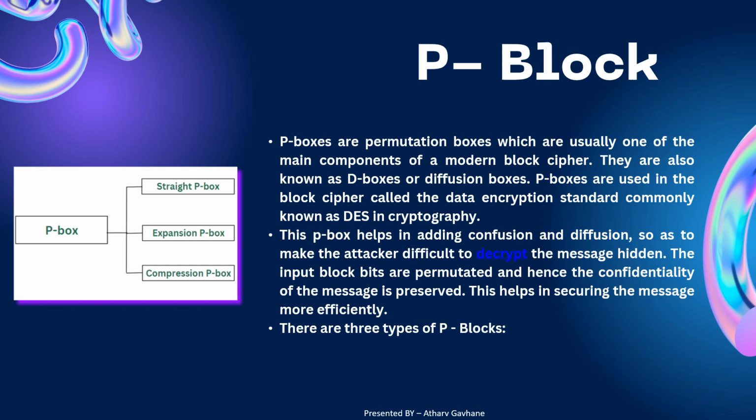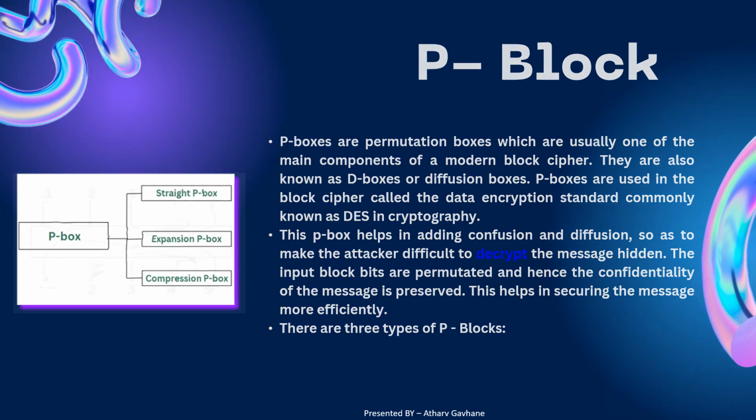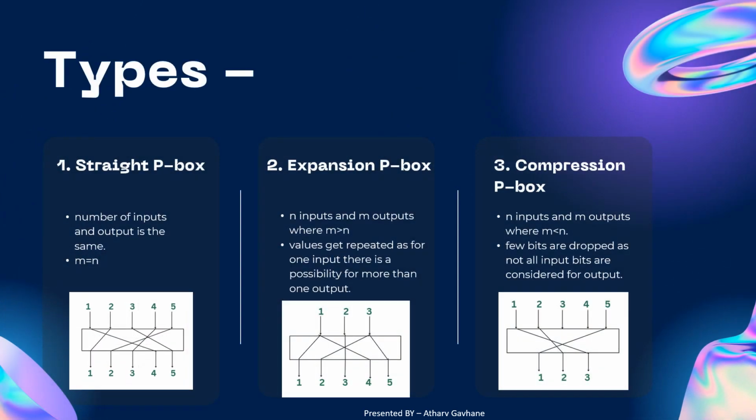The input block bits are permuted and hence the confidentiality of the message is preserved. This helps in securing the message more efficiently. There are three types of P boxes: first, straight P box; second, expansion P box; and third, compression P box.